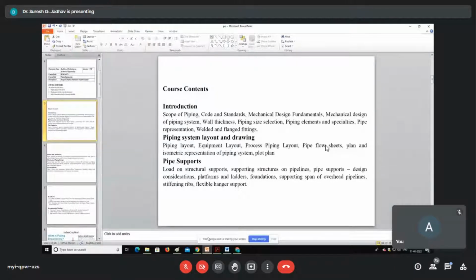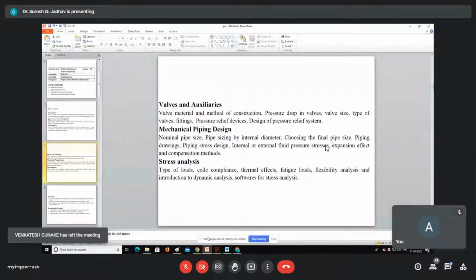First one is the introduction. Second is piping system layout and drawing. Third is pipe supports. Next are valves and auxiliaries, mechanical piping design, and stress analysis.